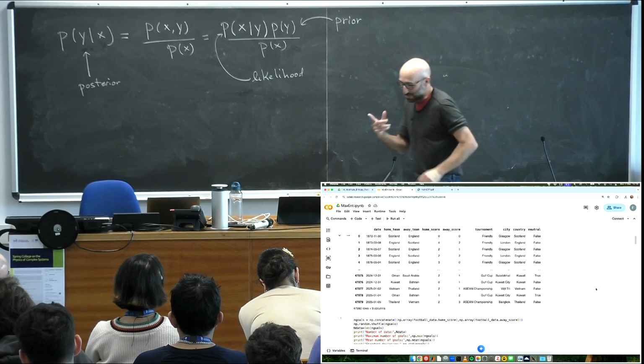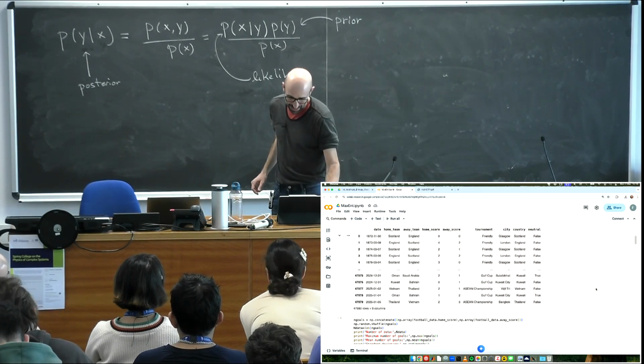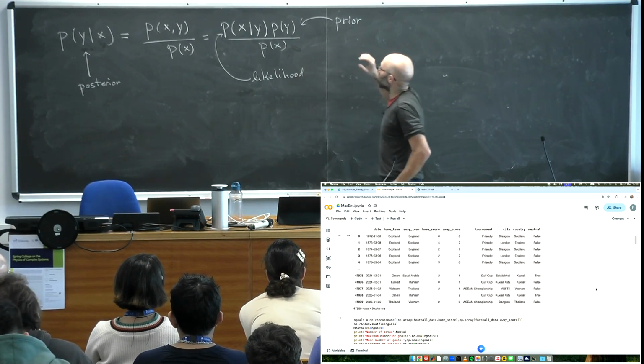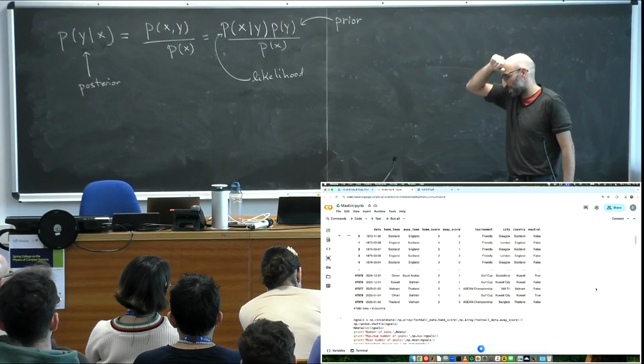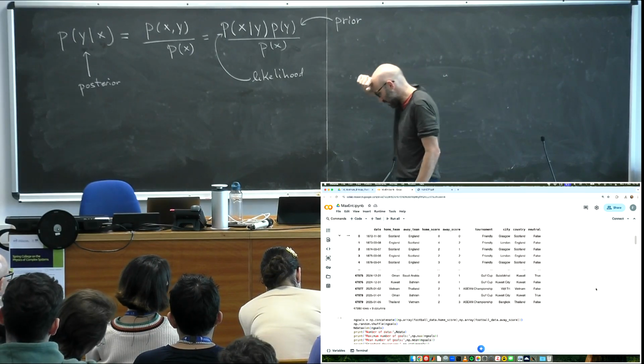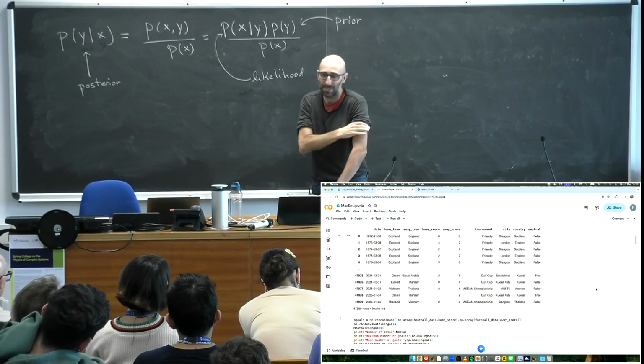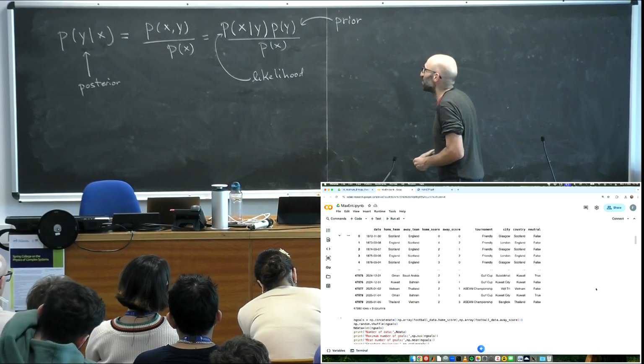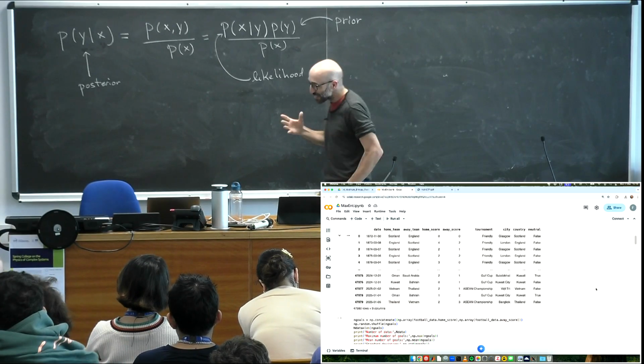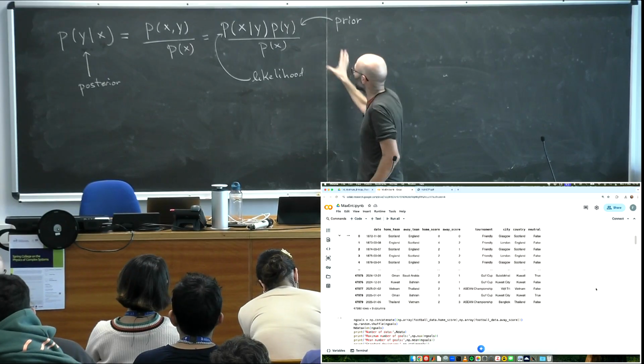This is why I want to illustrate this example. This example is adapted from the book. There is a similar example in the book of Nate Silver called The Signal and the Noise, which is a book about Bayesian inference. I think it gives an idea of why you're doing this.